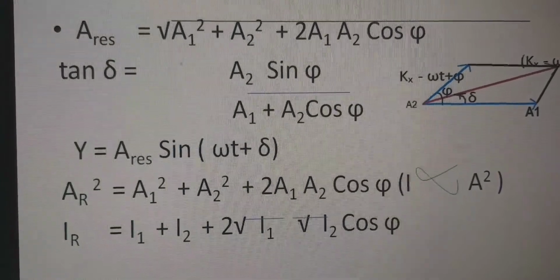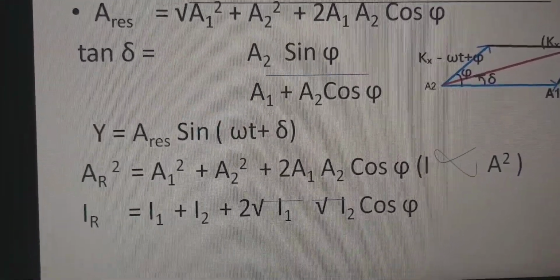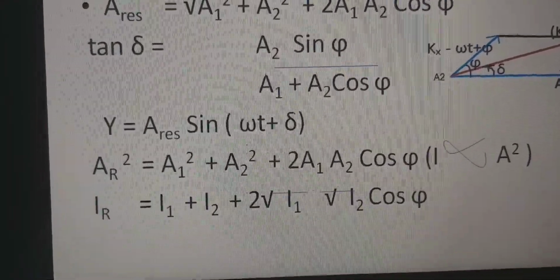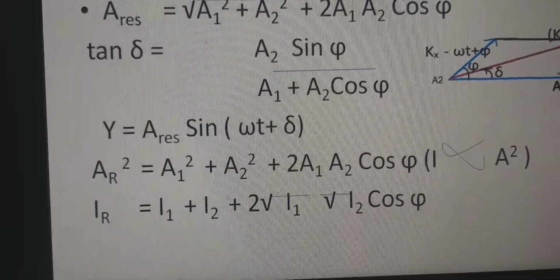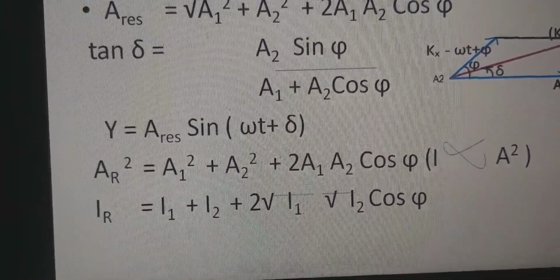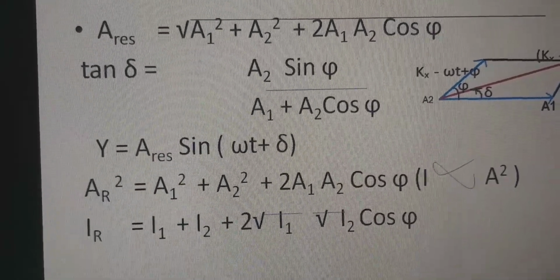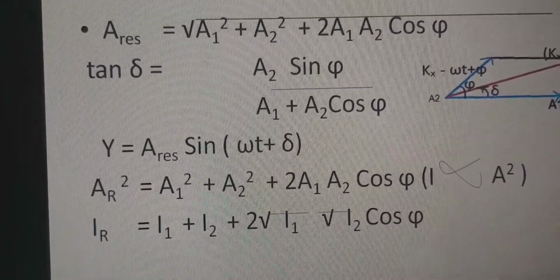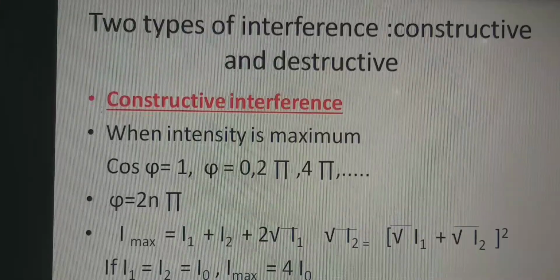That's why in place of AR square I have written IR, and in the formula just replace A square with I. So IR equals I1 plus I2 plus 2 root I1 root I2 cos phi. I hope till this much it's absolutely clear to all.